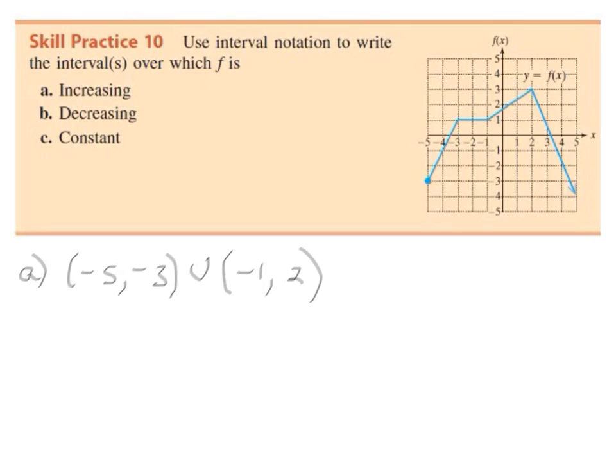Okay? Those are the places from left to right that it's going up. B, it's decreasing from 2, and that looks like an arrow, so it'd be 2 to infinity. And it's constant from -3 to -1.